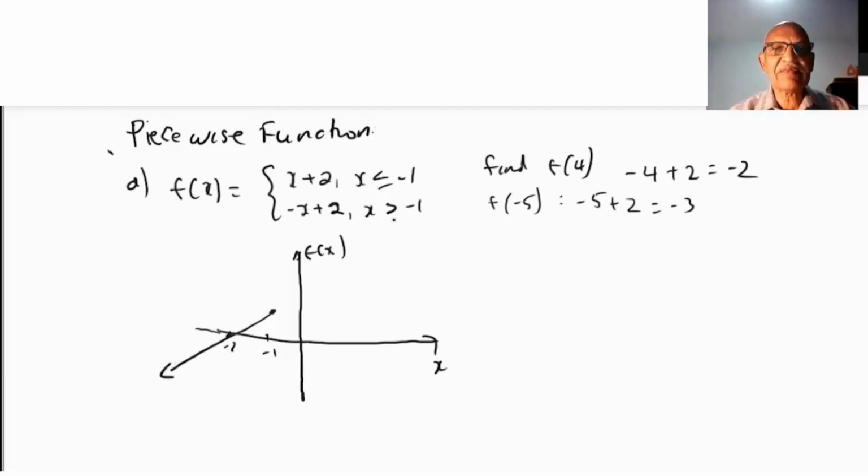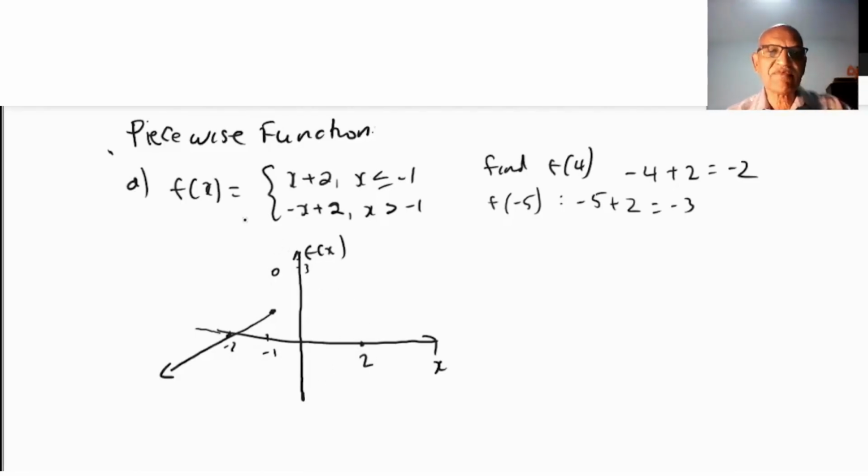For the second line, my domain is greater than minus 1. So I substitute minus 1. So minus of minus 1 is 1, 1 plus 2 is 3. So if x is minus 1, this is 3. And this is not inclusive because it's greater than. So since it's greater than minus 1, I take x greater than minus 1. So if, let's say, the intercept, if x is 2, this will be 0.